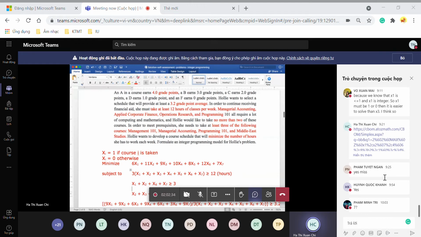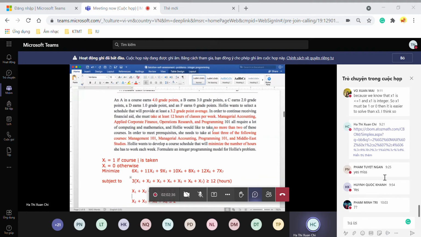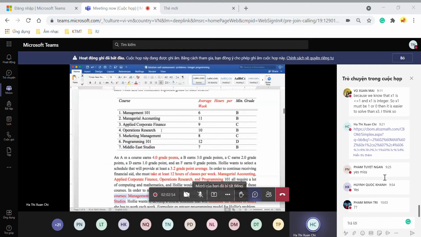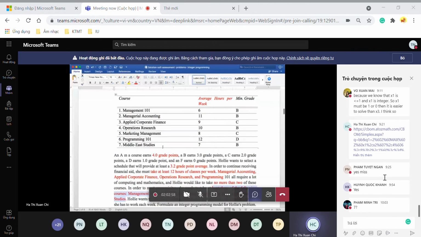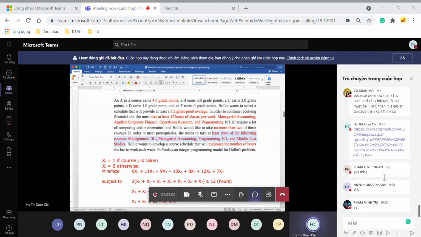So x1 is number 3. So she takes at least 3 to follow the courses. The courses here correspond with x1, x2, x6, and x7. So here, 1, 2, 6, 7, must be at least 3, right?